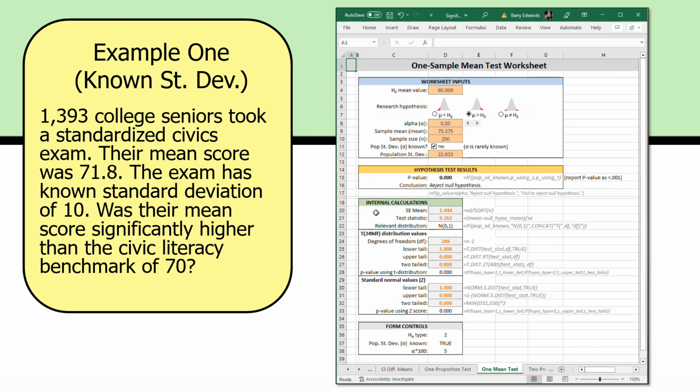Let's look at our worksheet here. We'll start with inputting the hypothesized mean value. The problem says there is a civic literacy benchmark of 70, so that's the hypothesized value. We are testing whether their mean score was significantly higher than the civic literacy benchmark of 70, so we are testing this middle hypothesis that the mean is greater than the hypothesized value.